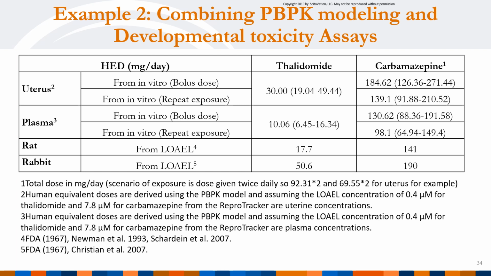So here you can see you have results for uterus and plasma, because like I said, human equivalent doses were derived using the PBPK model, and assuming that the LOAEL concentration for thalidomide and for carbamazepine from the ReproTracker are all plasma or uterine concentration. So here you can see that we did run some simulations for bolus exposure or repeat exposure.